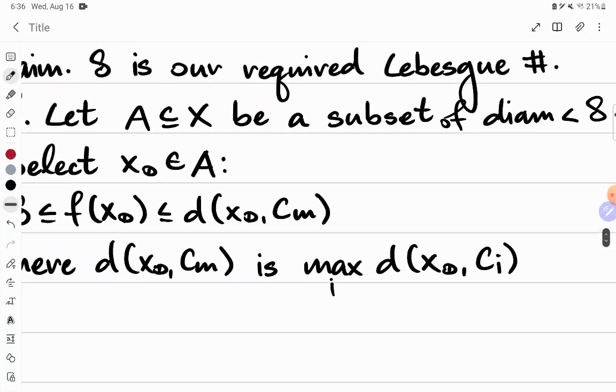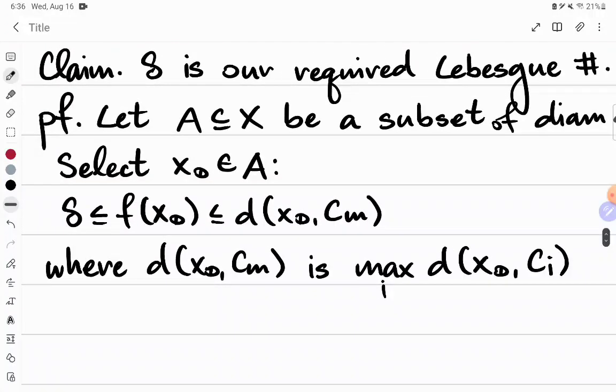So there's some index m between 1 and n such that x naught is furthest away from this closed set, and this is obviously going to be greater than or equal to f of x naught, the image of x naught under f. Okay? So finally, with this pair of inequalities, we have our result.